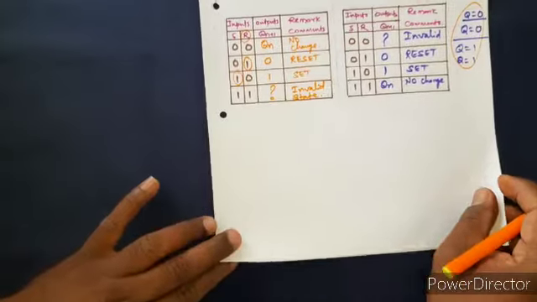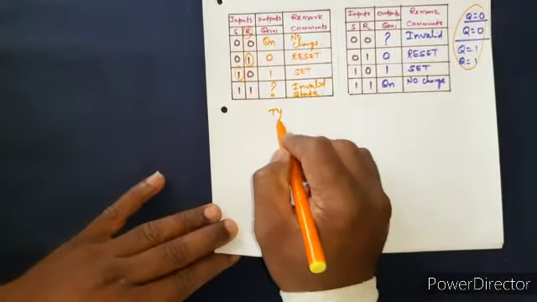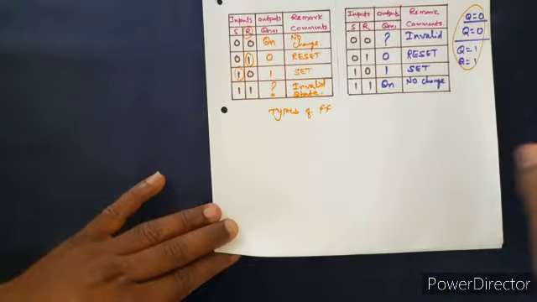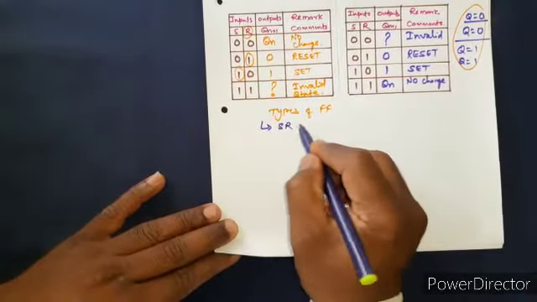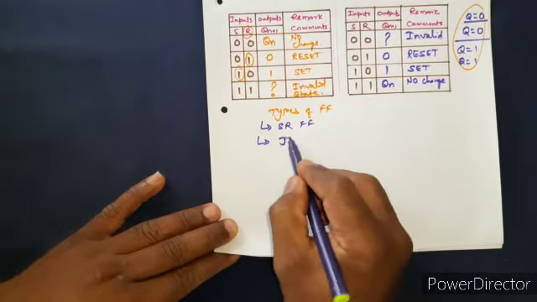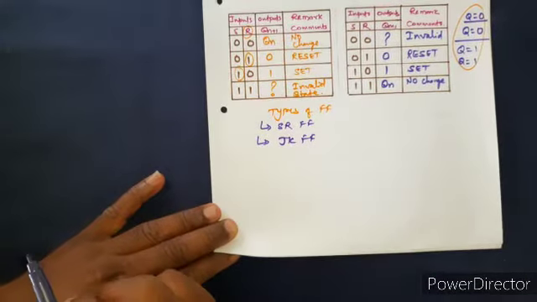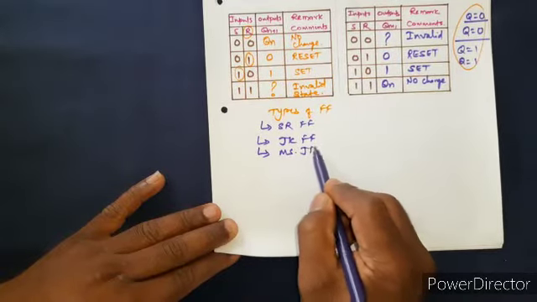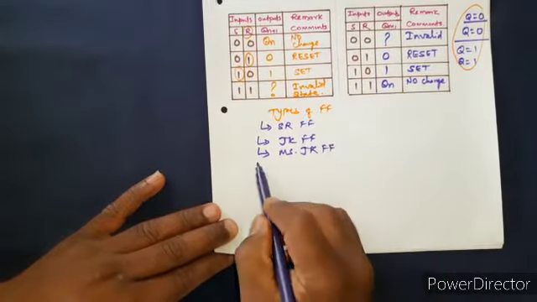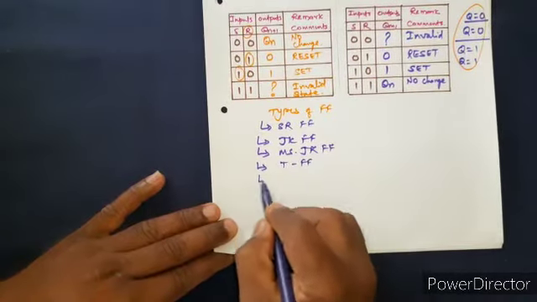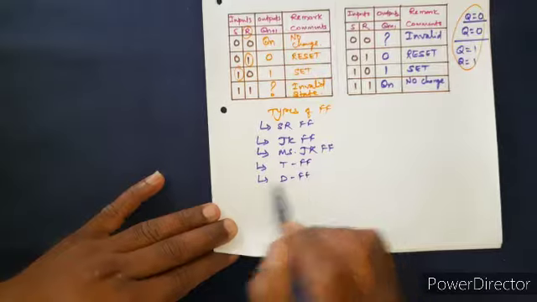If you recall the types of flip-flop, we have SR flip-flop, then JK flip-flop, then master slave JK flip-flop, then T flip-flop and D flip-flop.